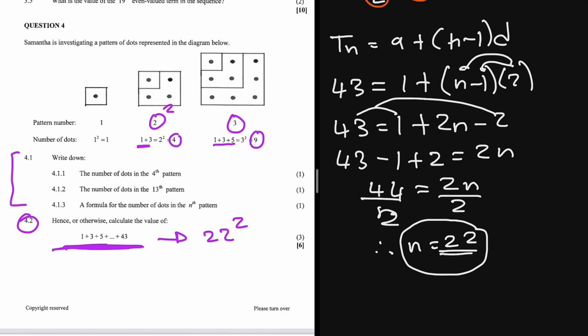So the sum of that whole thing is just going to be 22 squared. And if you put 22 squared on our calculator, we get the value to be 484. So that will be the sum of all those values.